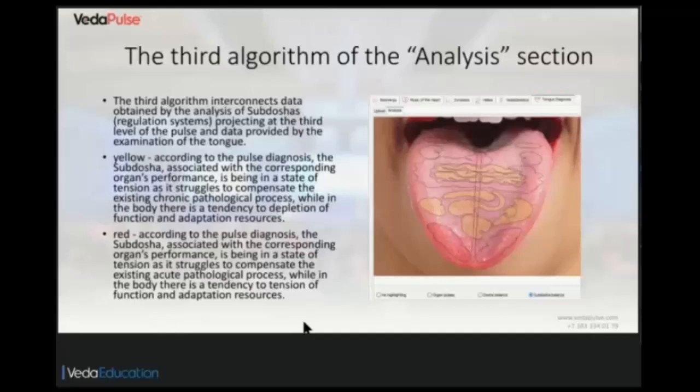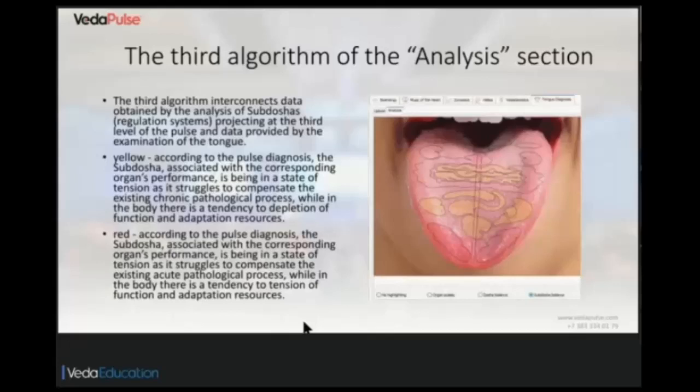For example, if we are talking about some chronic compensation process in which a specific subdosha is involved, we are talking about a depletion in a specific system of subdosha. It is not strong enough, it is weak, and as a result, we can see in the Vedapal software an indication for a particular organ.